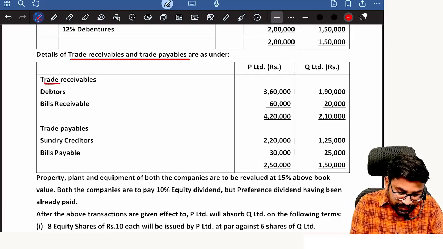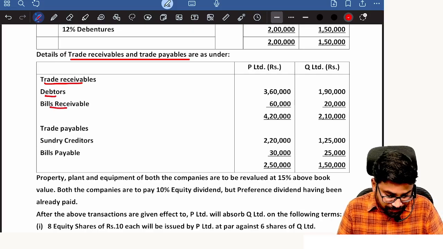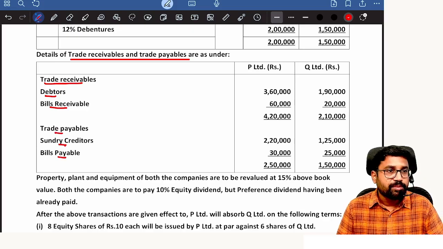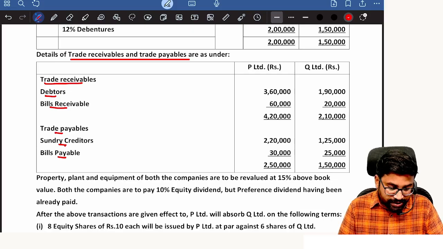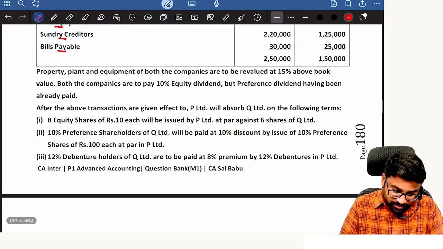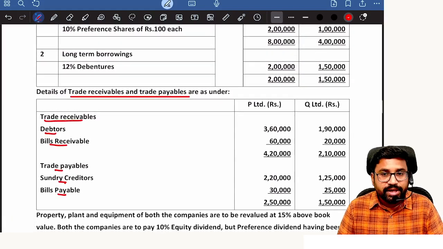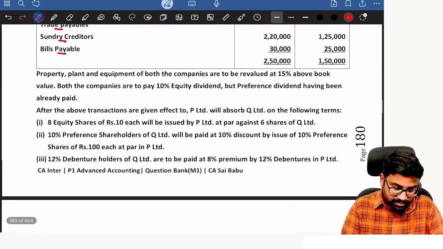In trade receivables, we have debtors as well as bills receivable. In trade payables, we have sundry creditors and bills payable. So these are the details given in respect of P Limited and Q Limited.